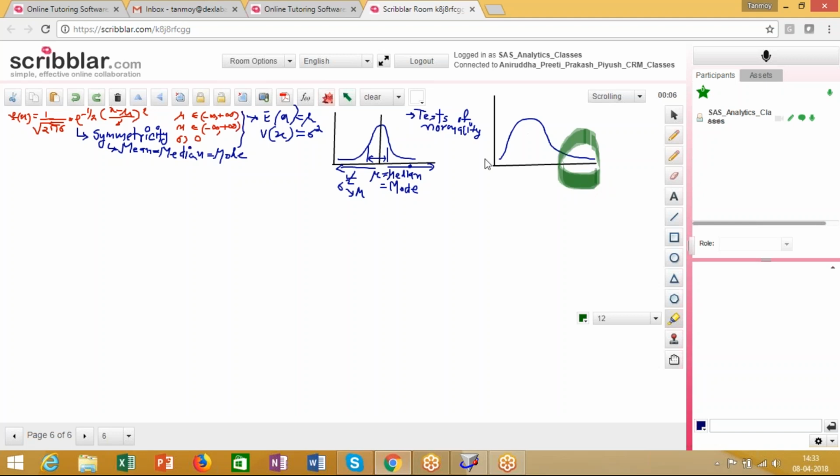And over here, the concentration of the values lies on this specific side, right?